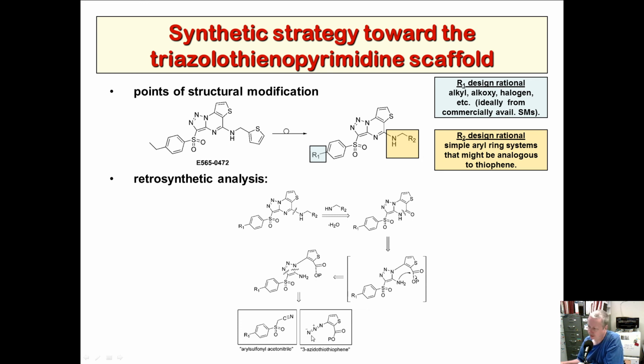These two things would just react with each other to make this system, and then pretty readily the nitrogen attacks, kicks off the ester, and makes the product. The ultimate starting materials are sulfonyl acetonitriles and azidothiophene. So we just make a bunch of these, make a bunch of these, and then push it all forward. At the very end, we can attach the amines.